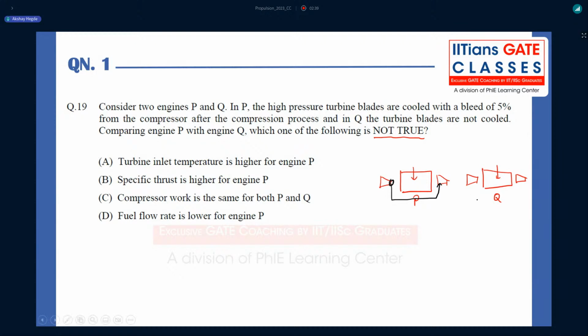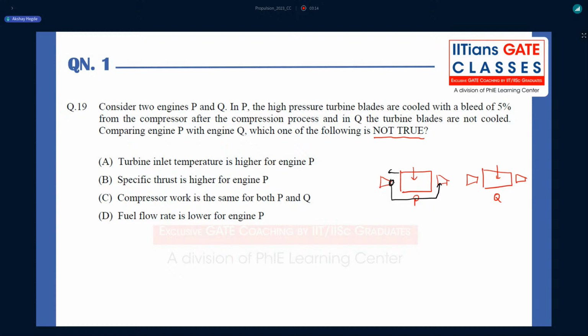The major assumption I am going to make, because it is not clear in the question, is that the compressor is working in similar conditions in both cases P and Q. So my compressor performance is not changed due to the bleed, so that whatever is upstream of the combustion chamber is not going to change.